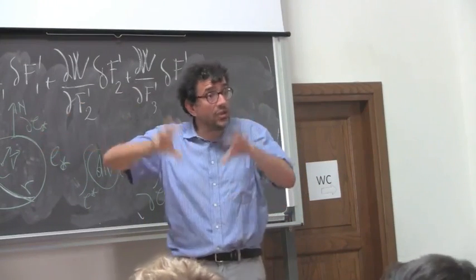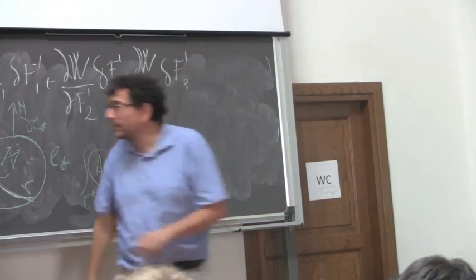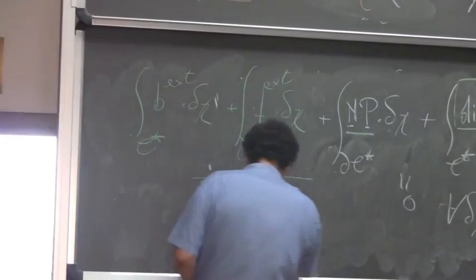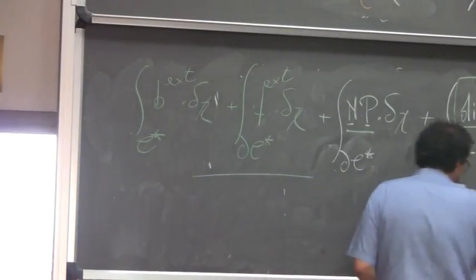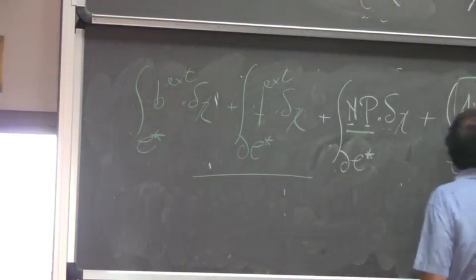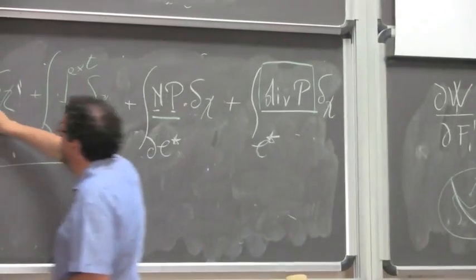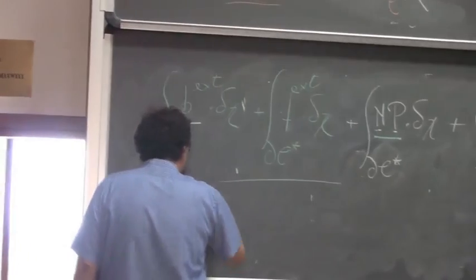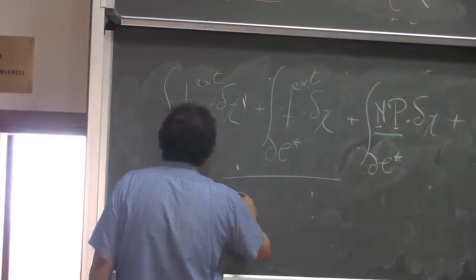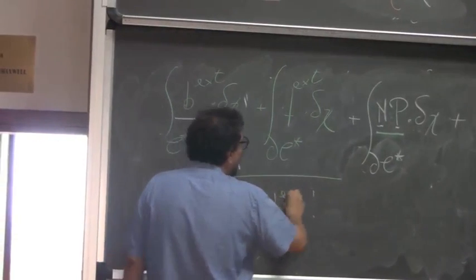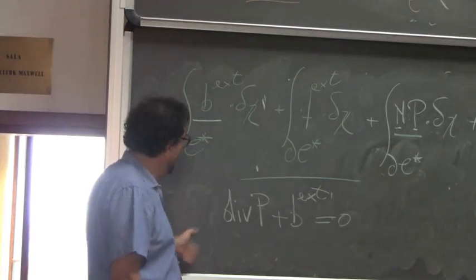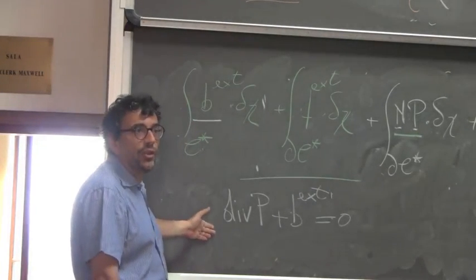If you consider only these forces, this plus this equals 0. This is the Euler equation of equilibrium.